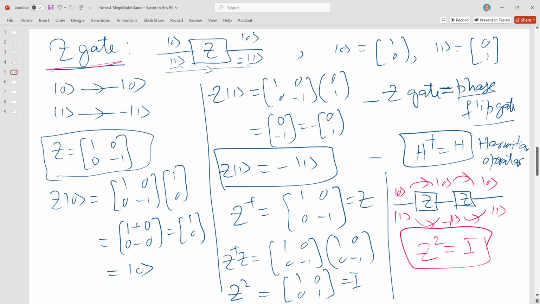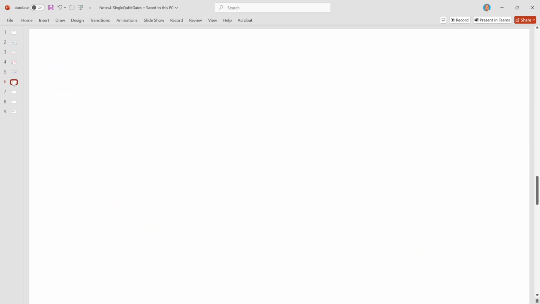All right, so this is the phase flip gate, and we had a NOT gate before this. Let's now talk about the third Pauli gate. By the way, Z was also a Pauli gate. So let's talk about the Pauli Y gate. So Pauli Y gate essentially is something that in some ways combines the properties of both X and Z gates.